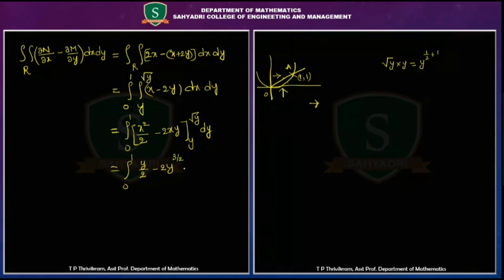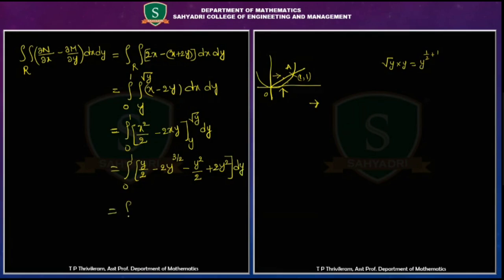Okay. Next, minus y square by 2 will get minus of minus will get plus, substitute y. So you'll get 2y square into dy.